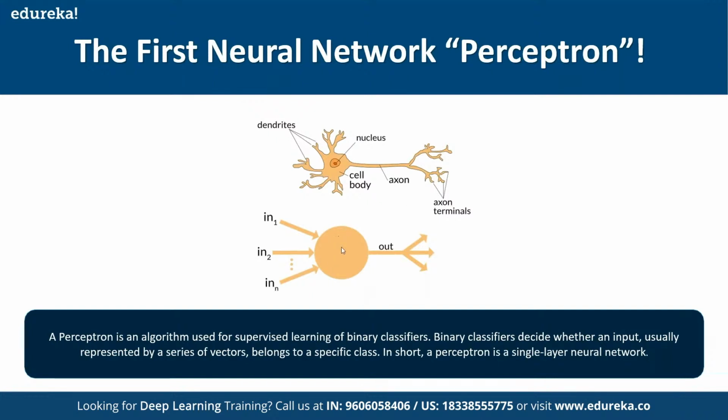In the same way, it is just a representation. If I take a single neuron in my artificial neural network or a deep learning neural network, I'm going to have my input layer in place of dendrites, and just like we have a nucleus which processes the information, we are going to have some kind of a mathematical function inside a neuron to process this incoming data. And just like we have axon terminals to give the output, which decides whether I should trigger my next neuron or not, in my deep learning neural network we are going to have my output layer, and we are also going to have an activation function which decides whether I should send out this output from my neuron or not.